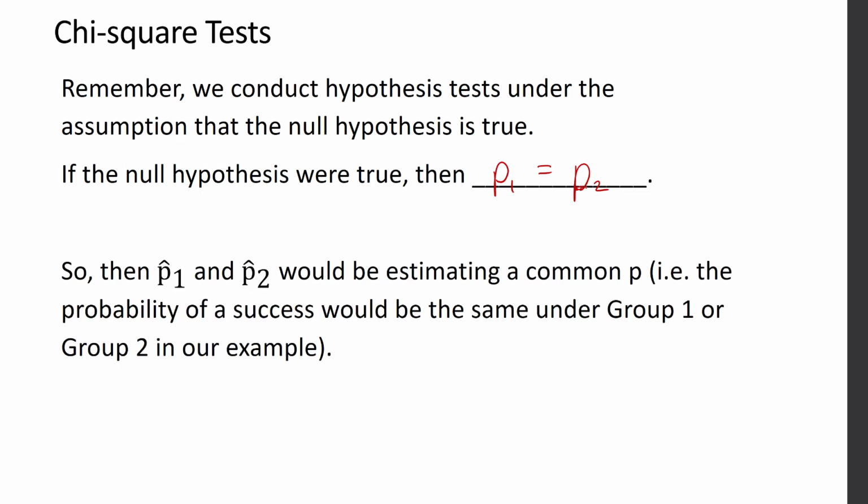And since P hat 1, that is the sample proportion saying yes from group 1, and P hat 2, the sample proportion saying yes from group 2, those would be estimating a common population proportion. The probability of success would be the same under group 1 or group 2 in our example.